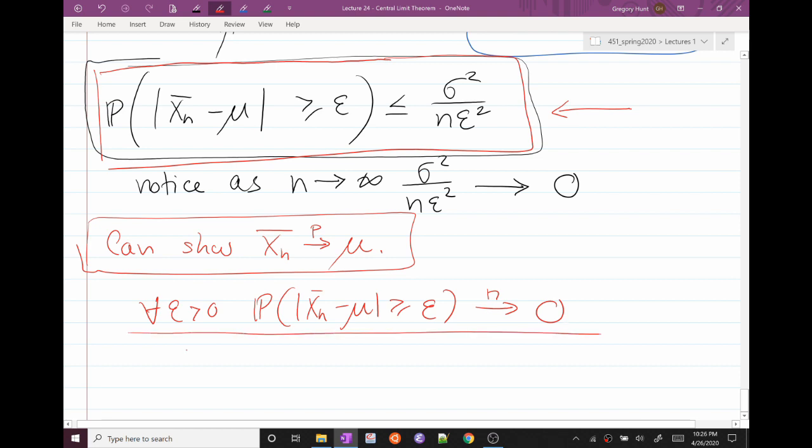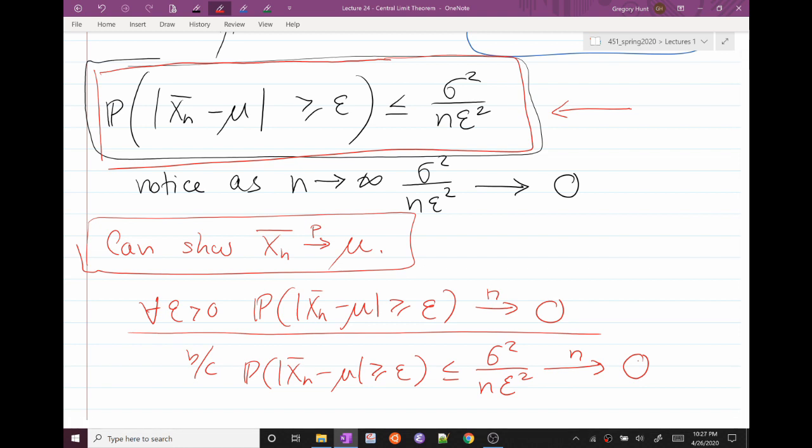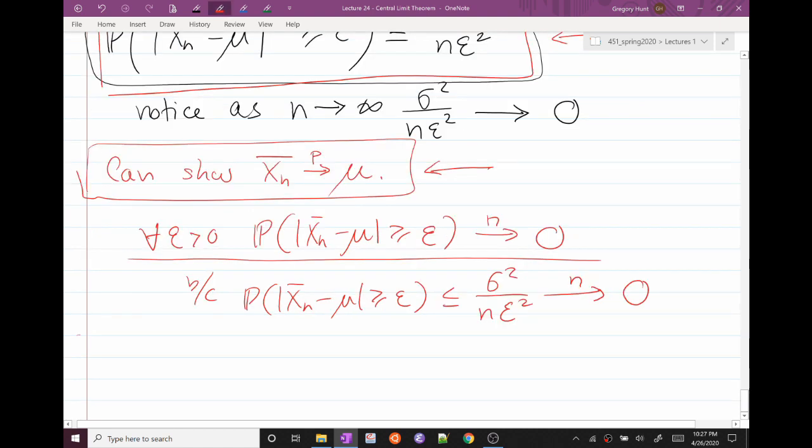Above we showed that it is less than or equal to sigma squared over n epsilon squared, and that thing goes to 0 as n gets large, so the probability must go to 0. That shows what we want, which is that Xn bar converges in probability to mu. So that's the whole proof of at least a simpler case of the weak law of large numbers.